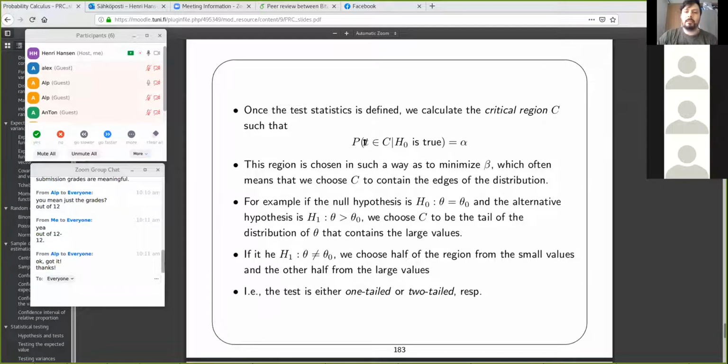So if we get a very large value whose probability is less than or equal to alpha, under the assumption that H0 is true, then we reject the null hypothesis. It is a very rare event on the part of the distribution which would occur if the value were actually bigger.